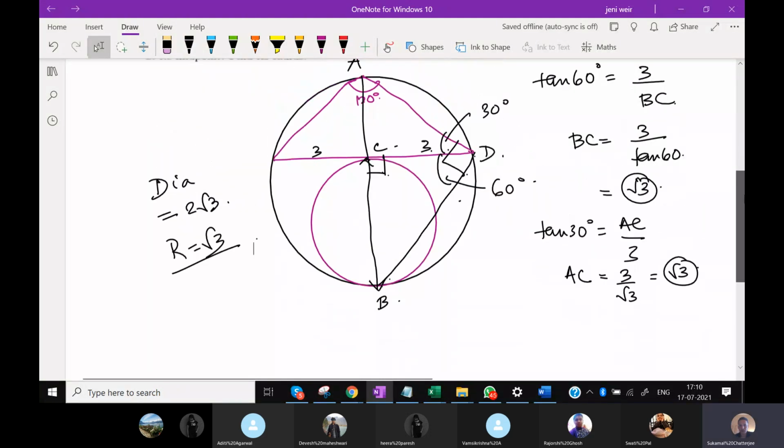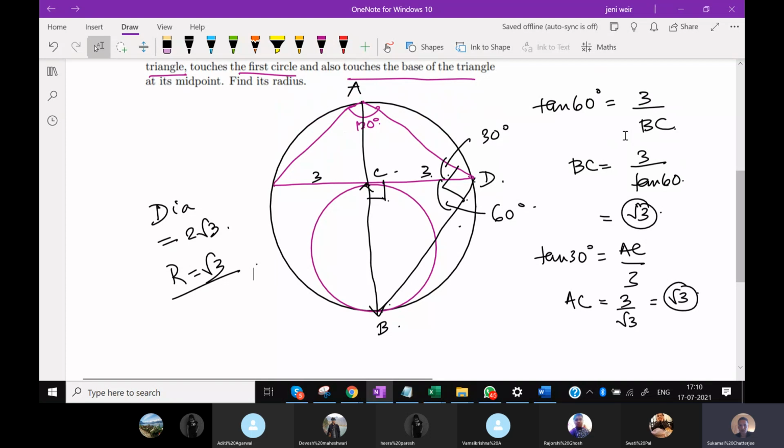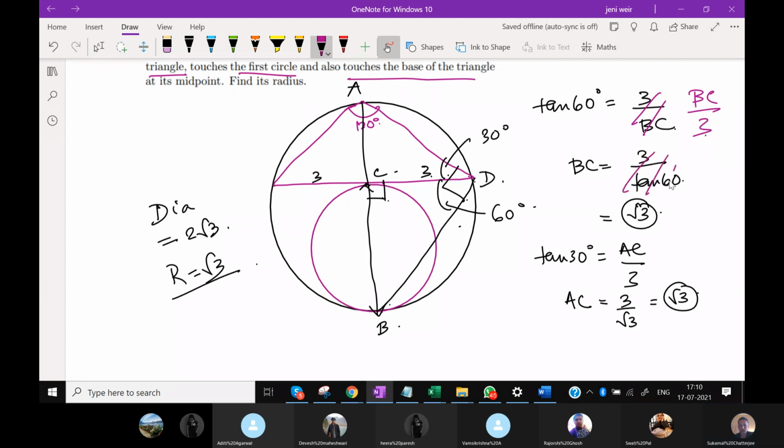No, I think I made one mistake here. Tan 60 would be BC by 3, not the other way around. It's the other way around.